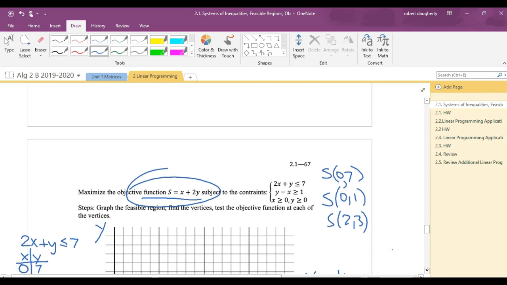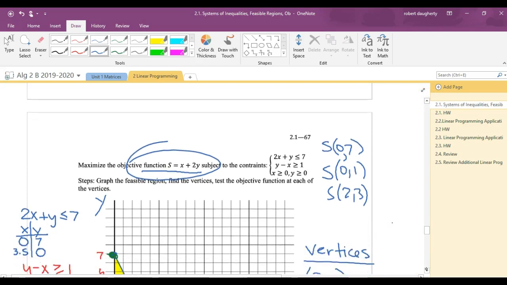So guys, stay with me here to the end. x plus 2y. So this is going to be 0 plus 2 times 7. What is that? 14. At 0, 1, it's going to be 0 plus 2 times 1, which is 2. At the point 2, 3, it's going to be 2 plus 2 times 3.